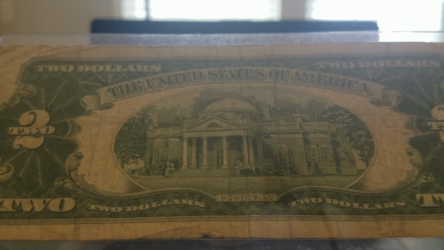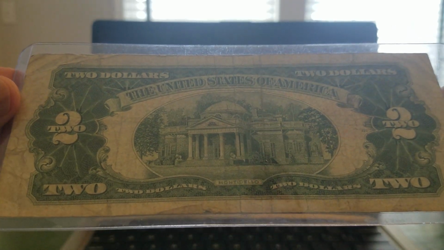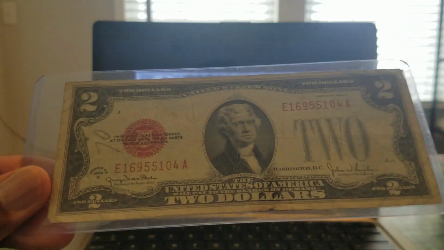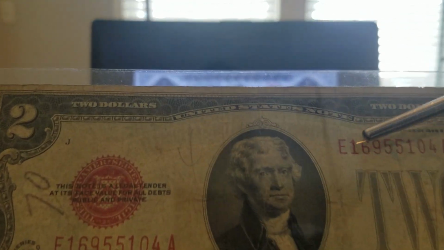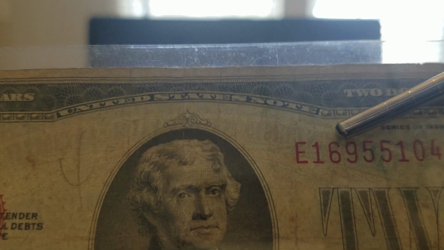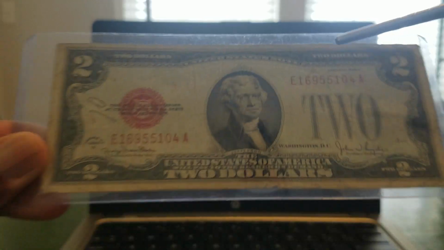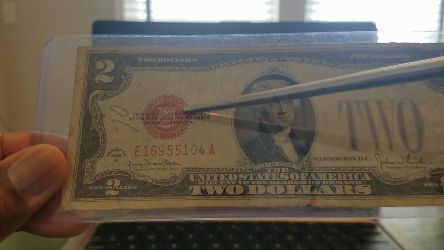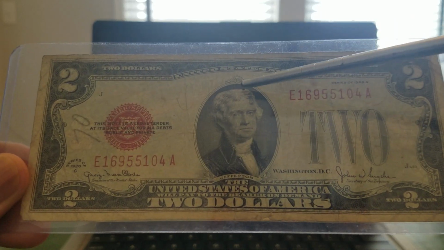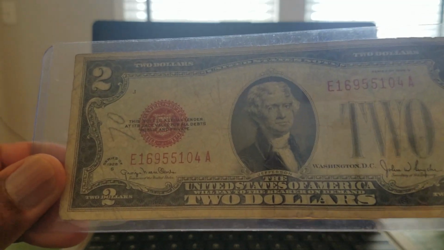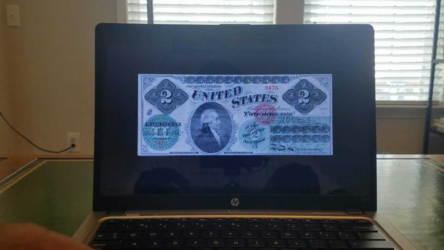I'll speak about the reverse more in a minute. So this is what these notes currently look like. And again, these notes were called United States notes. Tell the currency type up top, United States note. Red seal, red serial number, U.S. notes. All right, so these United States notes came in 3 series.